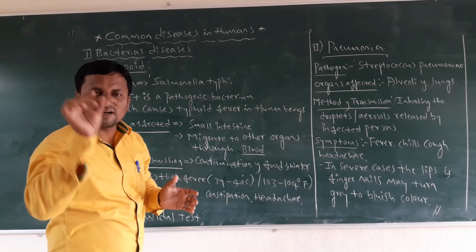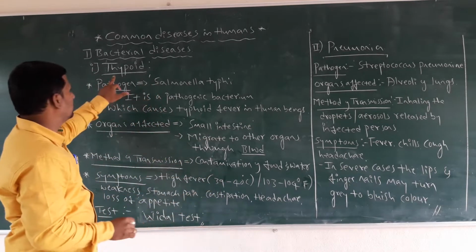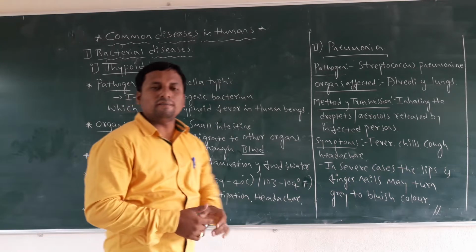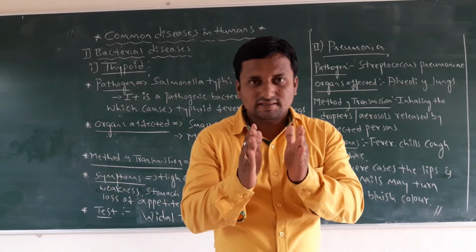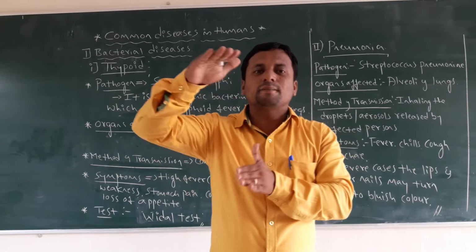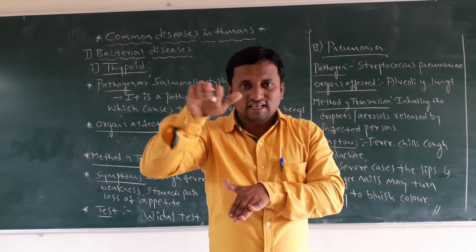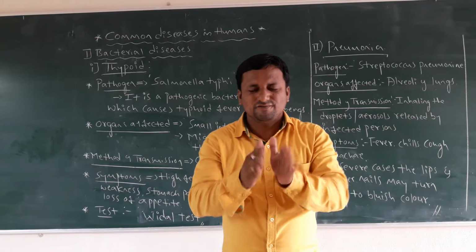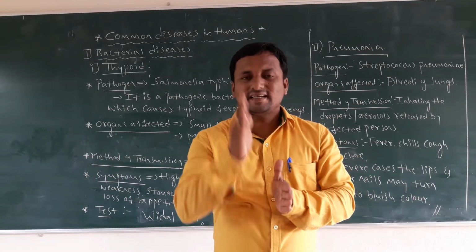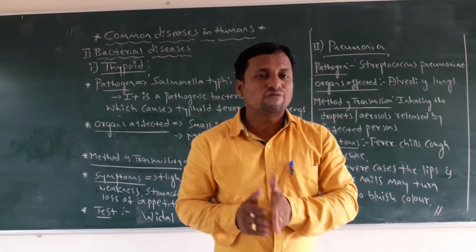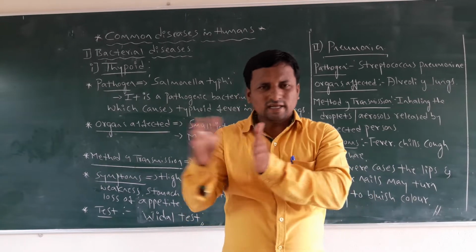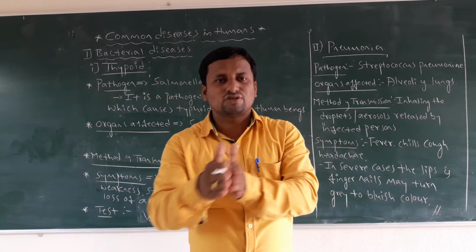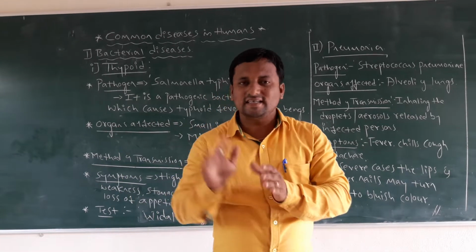The first common disease is typhoid. Typhoid is commonly called a fever, where the temperature will be high. If it goes too high, in the range of 39 to 40 degrees Celsius, then we call it typhoid. Normal temperature is around 36 to 38.